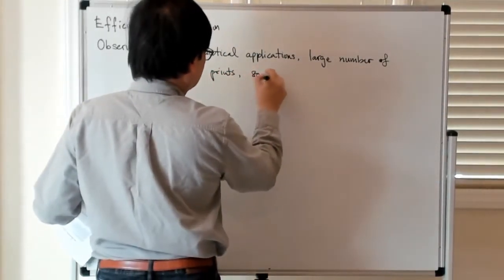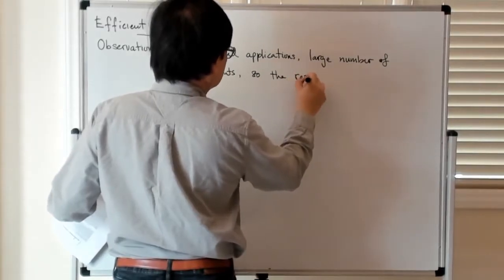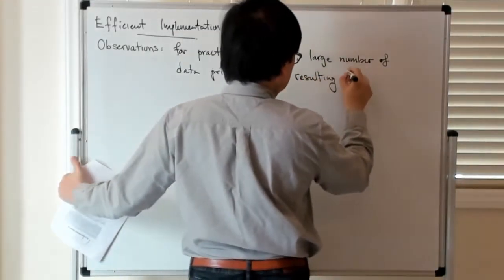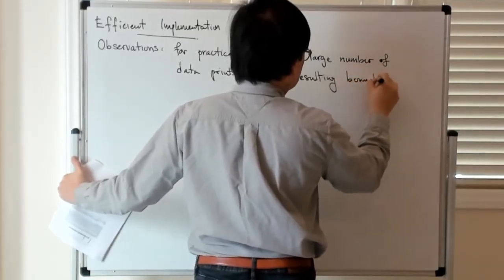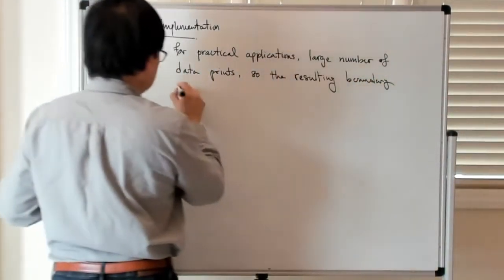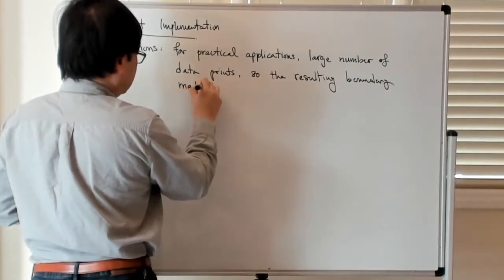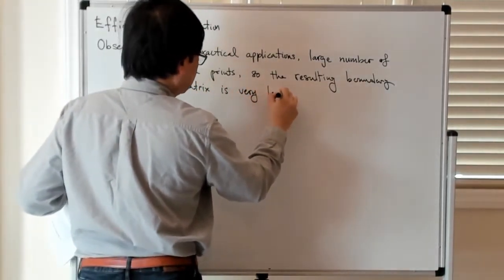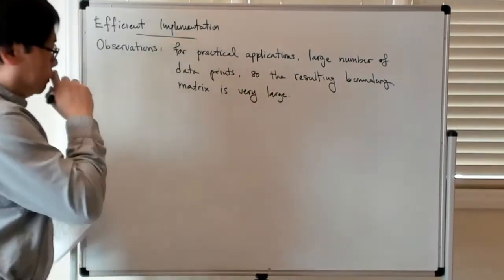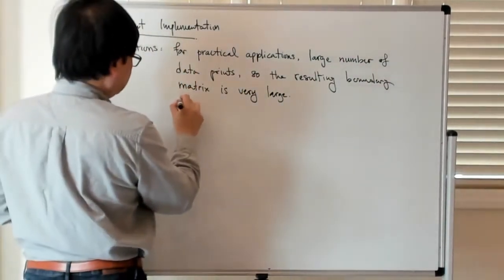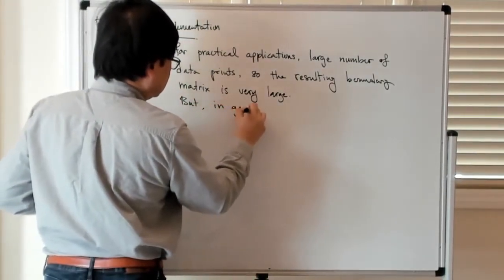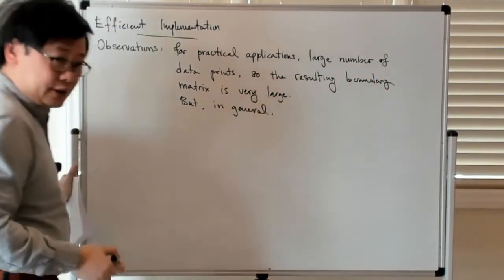So the resulting boundary matrix is very large, but in general, the boundary matrix is sparse.